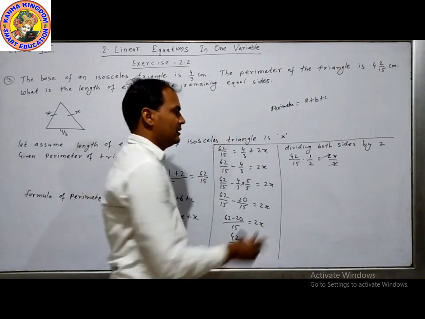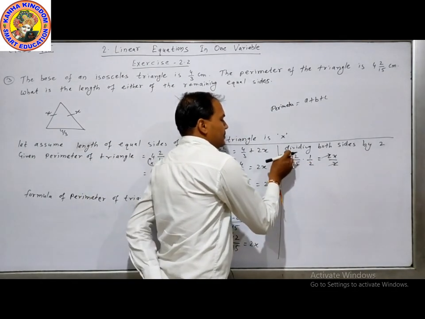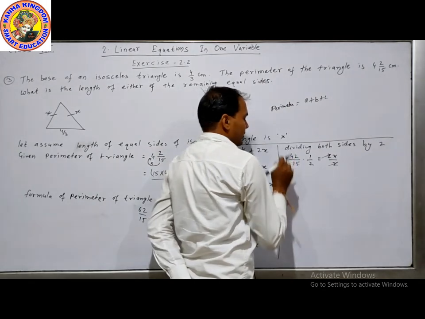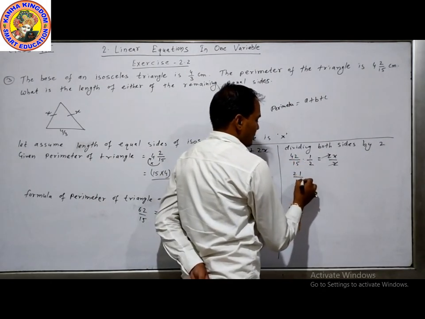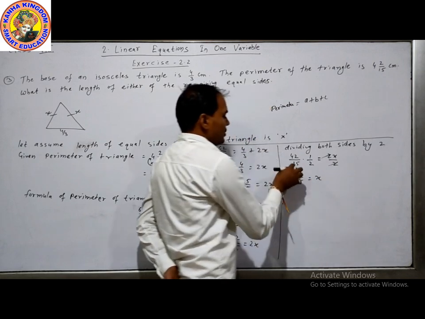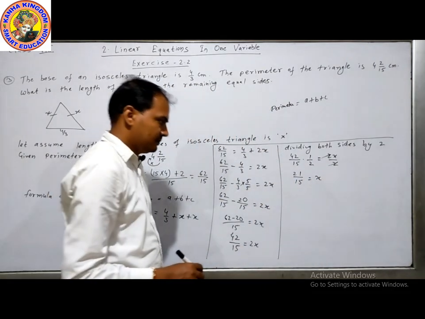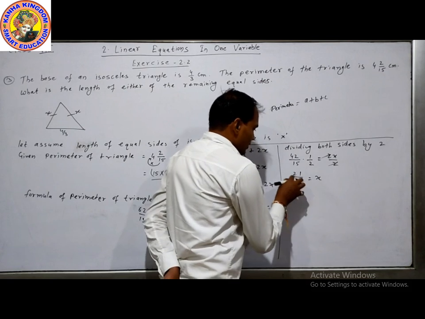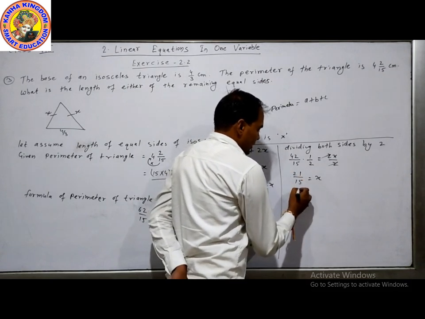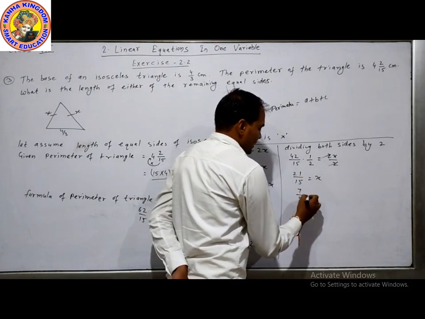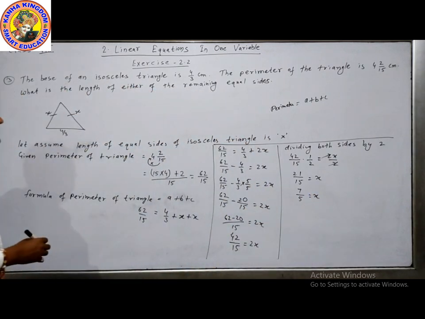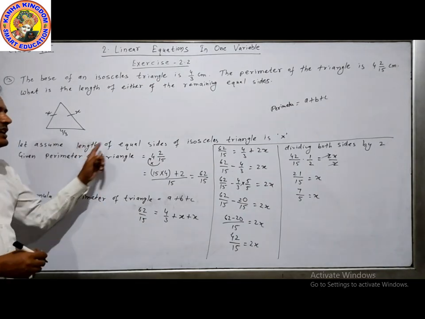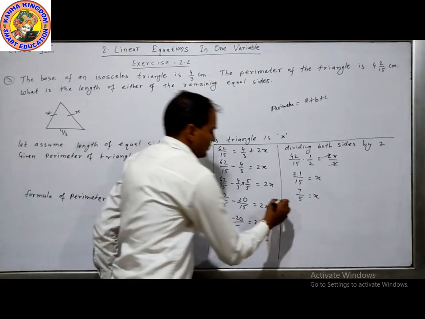This will be cancelled. We can divide 42 by 2. The answer is 21 upon 15 is equal to x. We can cut this number by 3. When we cut by 3, this is 7, this is 5. The value of x is 7/5. What is x? X is the length of the equal side.